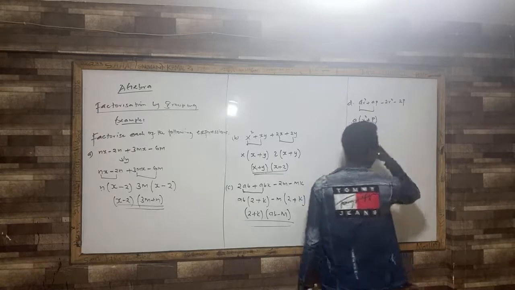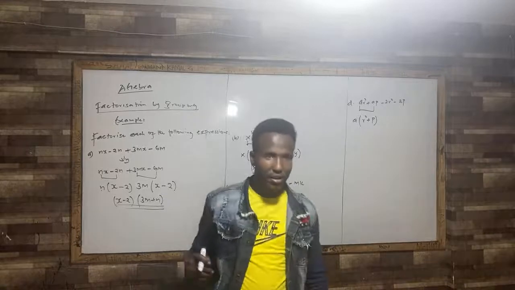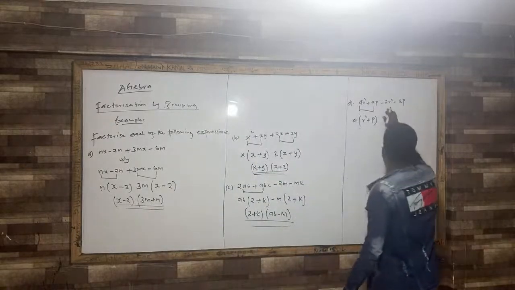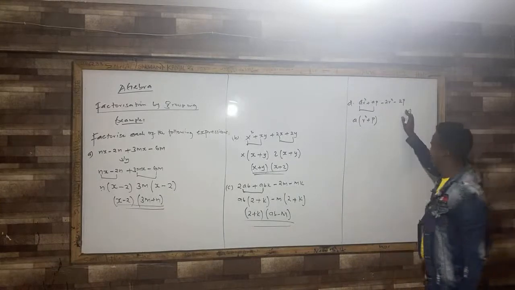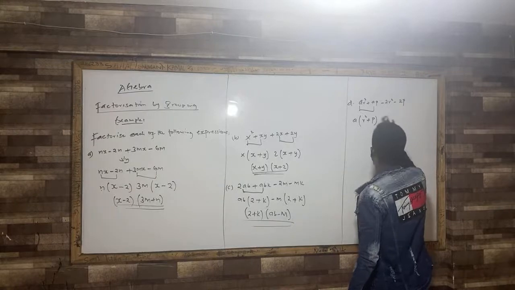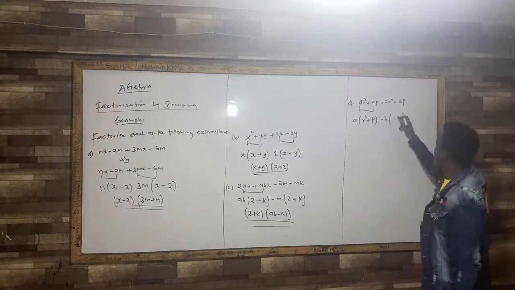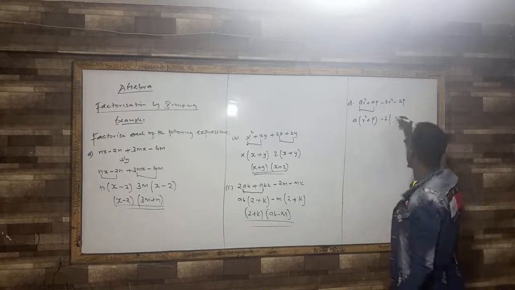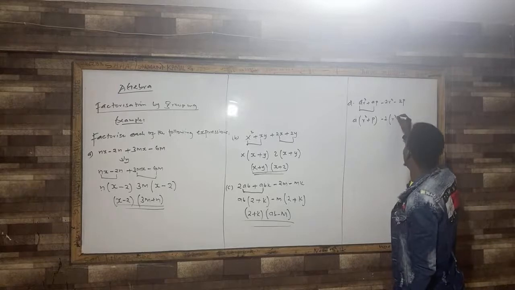Now here, if a negative is followed by another negative, factor out the negative of the common. We don't have a common letter here, but we have the GCD. So we're going to say minus 2 because our GCD is 2. Minus 2, open the bracket. Negative 2 and negative 2 will go, so you're left with R squared.